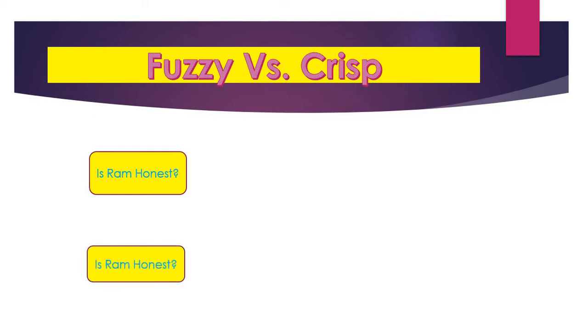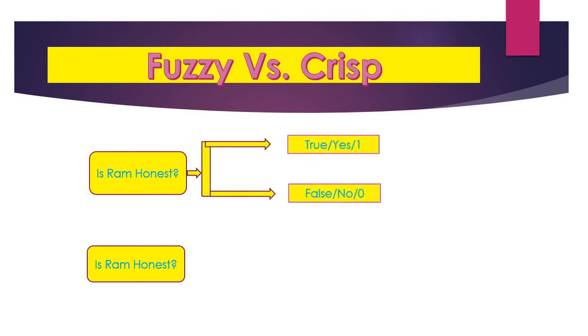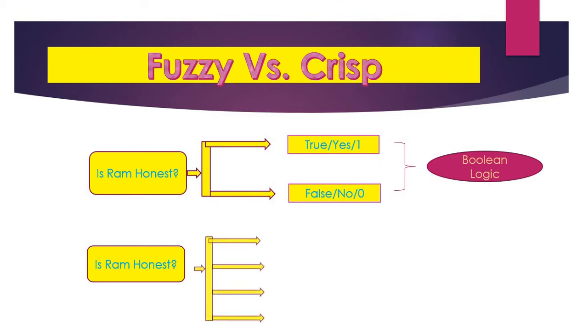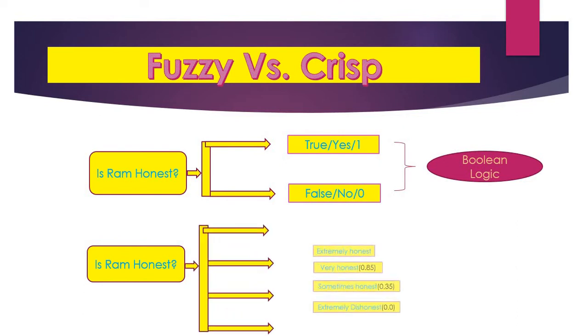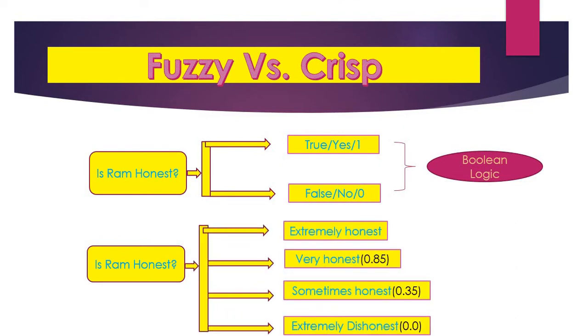Another example for fuzzy versus crisp set is honesty. In a crisp set, we can say yes or no as already told, or true or false, and the value for yes or no is 1 or 0, which is called Boolean logic.